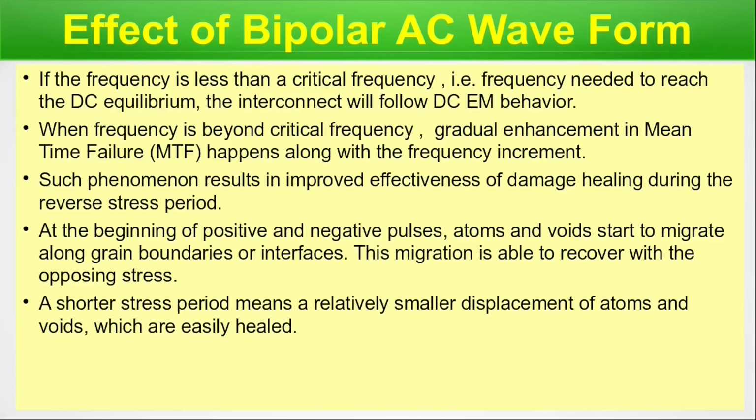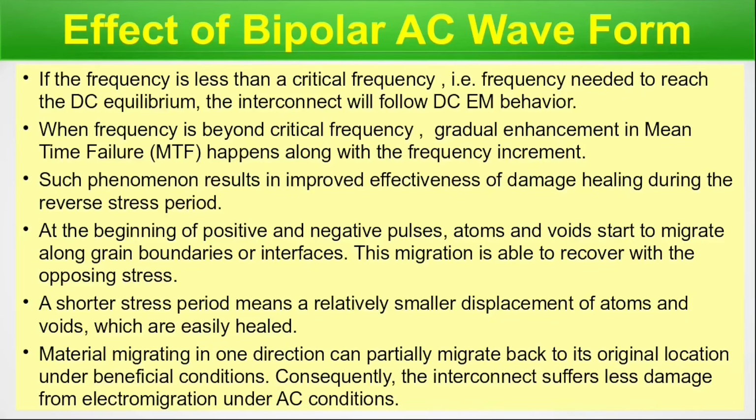A shorter stress period means a relatively smaller displacement of atoms and voids, which are easily healed. Material migration in one direction can partially migrate back to its original location under beneficial conditions. Consequently, the interconnect suffers less damage from electromigration under AC conditions.